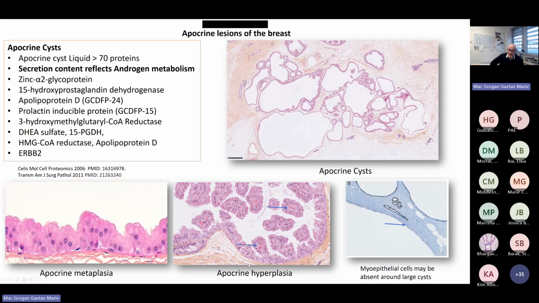Apocrine hyperplasia is when the apocrine cells proliferate and they form digitiform extensions into the lumen that are centered by small fibrovascular cores. This is called apocrine hyperplasia. Also, in some very large apocrine cysts, sometimes you will notice that the myoepithelial cell layer may disappear in these large cysts.